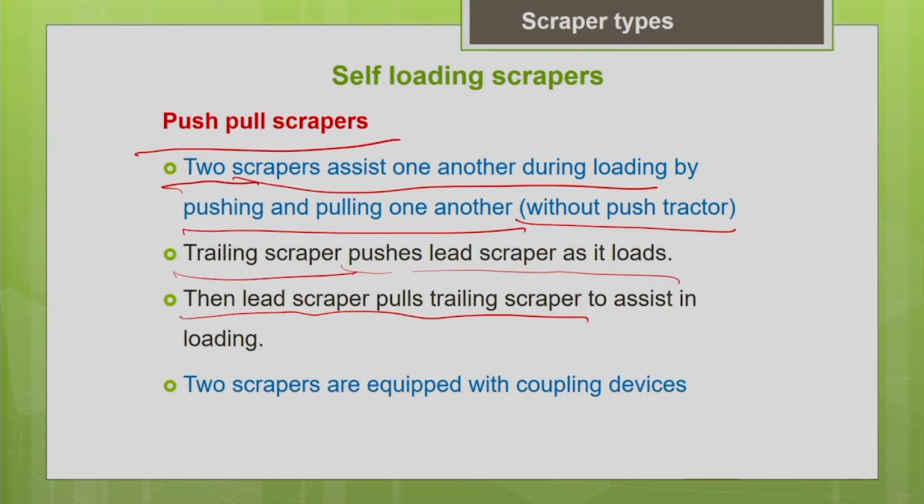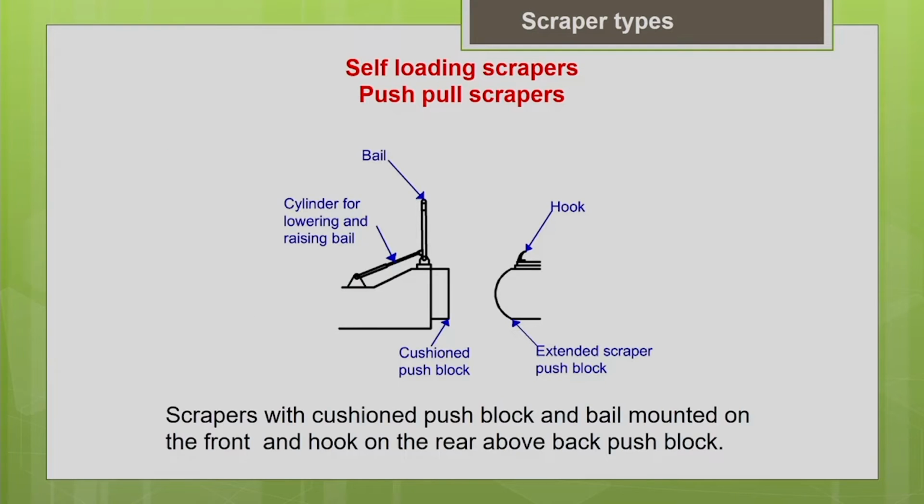To facilitate this, the scrapers are equipped with coupling devices. We can see the picture. This is a kind of coupling device: the scrapers have a cushion push block, and this is another scraper push block. The scraper has this hook and bail arrangement, so that you can easily connect one scraper to another. The push blocks facilitate pushing when the scrapers push each other.